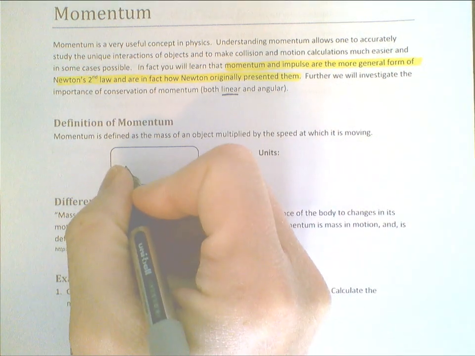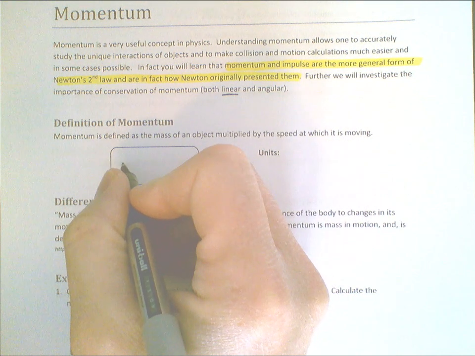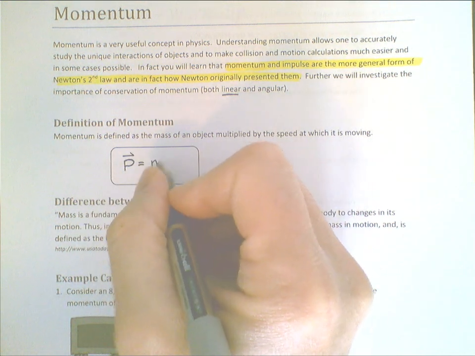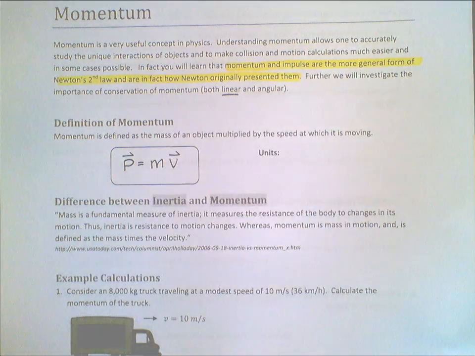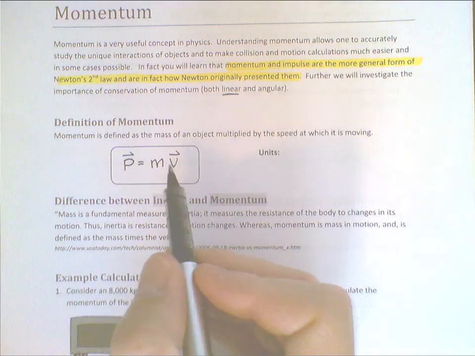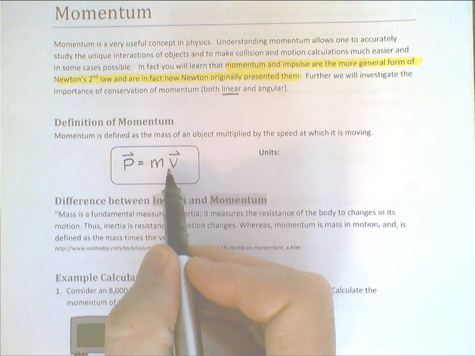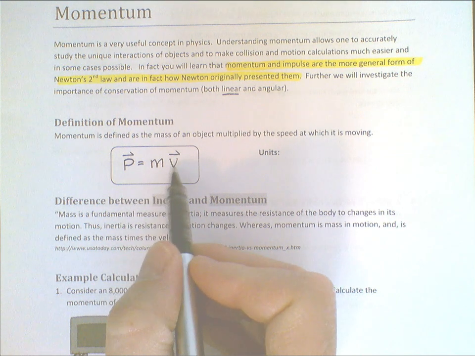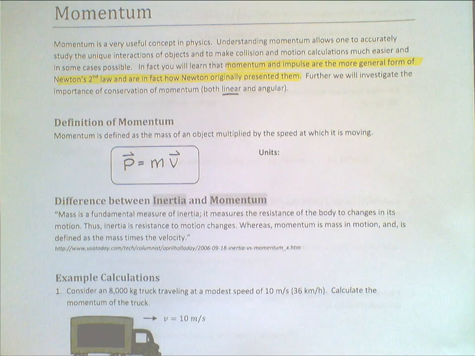And so he came up with this idea that momentum, P, is the mass of an object multiplied by the velocity of the object. Notice the vector signs, meaning that whichever direction the velocity is pointing is the direction that the momentum is pointing as well. And so simply it was a mass times a velocity component.